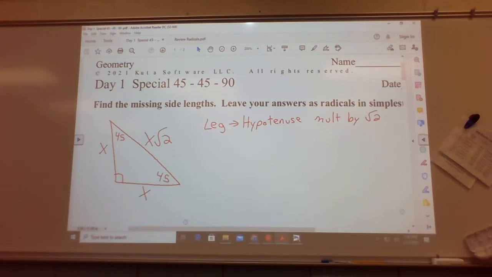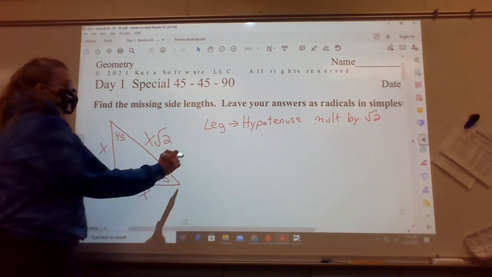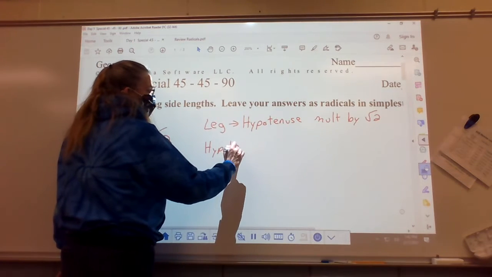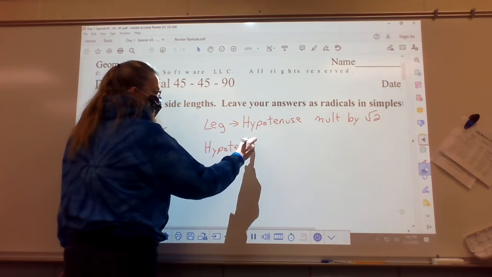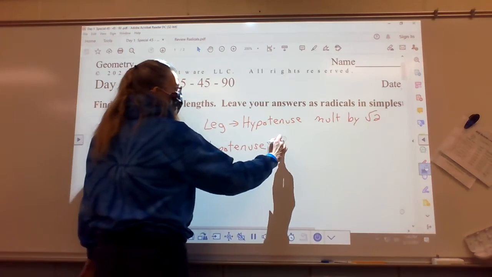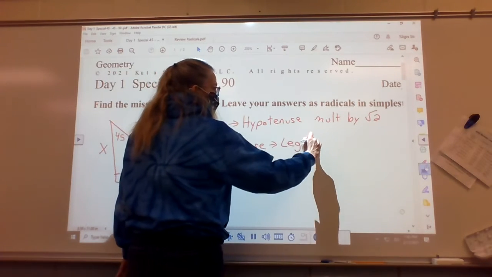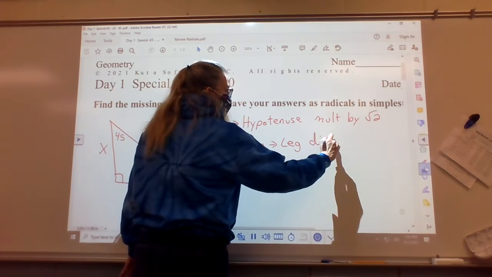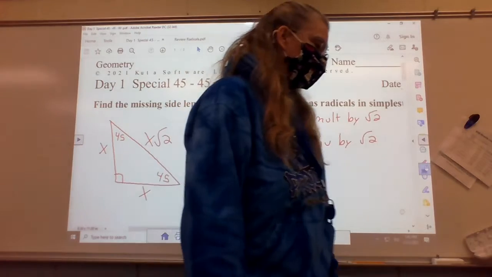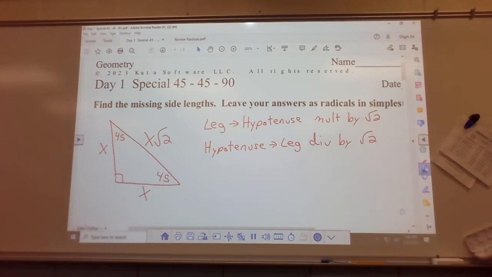Vice versa, if I'm going the other way, if I give you a hypotenuse and we're going to a leg, then we're going to divide by radical 2. So there's my steps. That tells me what I need to do.